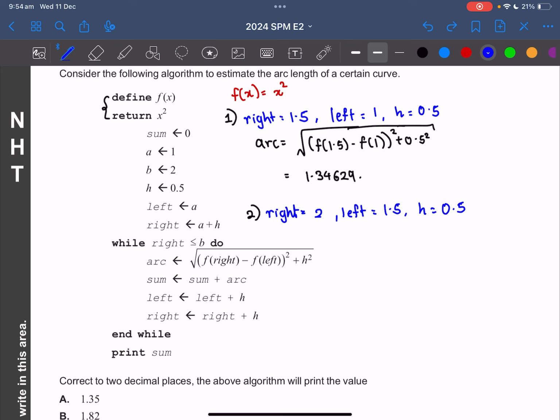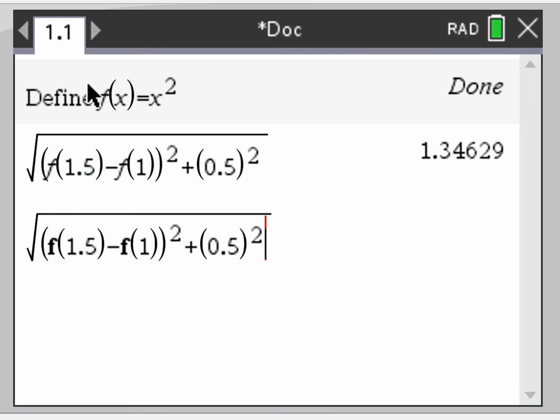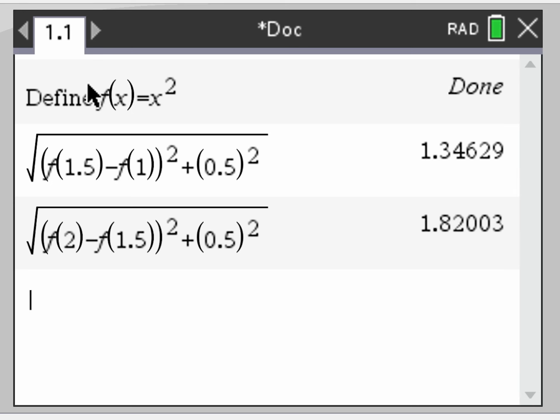Now let's input all of this into the arc formula again. We'll have f of 2 take away f of 1.5 whole squared plus 0.5 squared. Let us calculate that as well. 1.5, and this one will become 2.